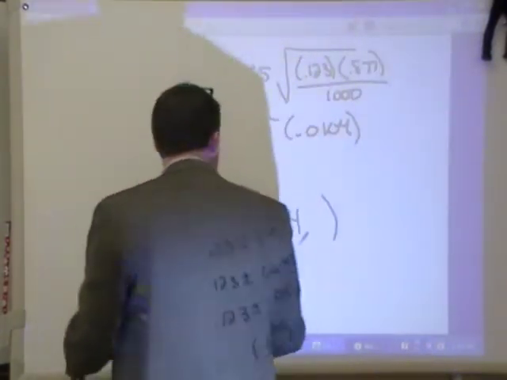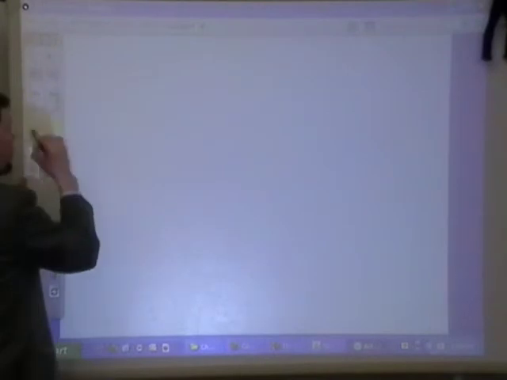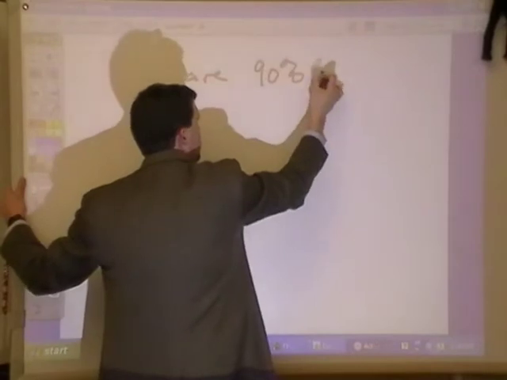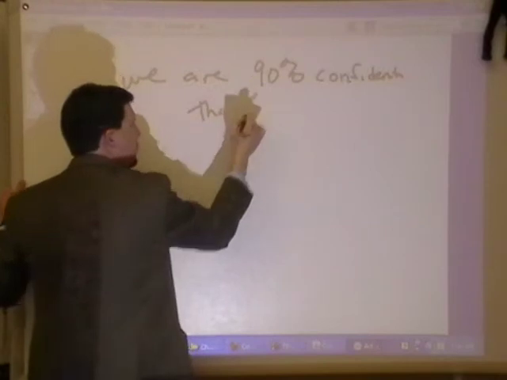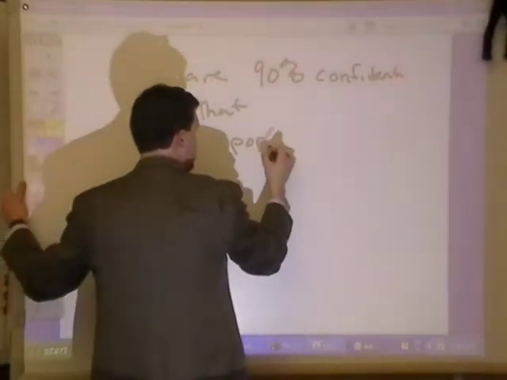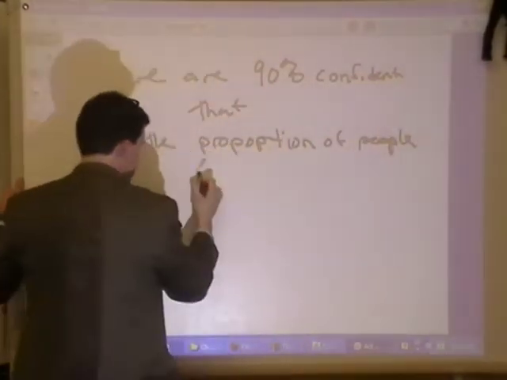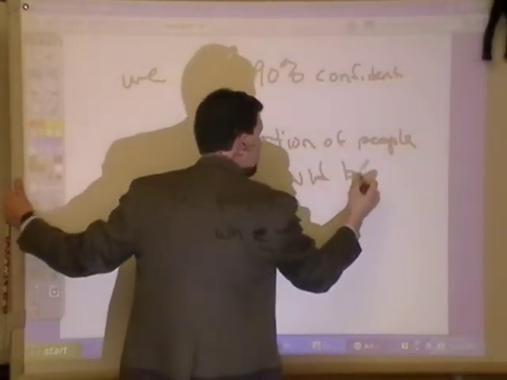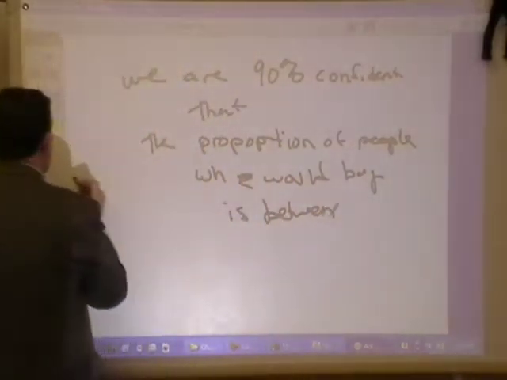All right, so how are we going to state this in terms of our confidence interval? Well, what we say is we are 90% confident that, and now comes our definition of P, the proportion of people who would buy is between, and what was it between?